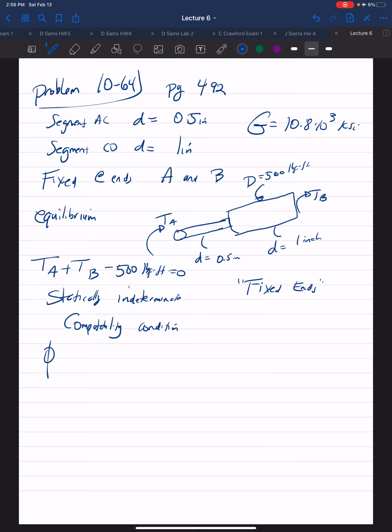The diameter is 0.5 inches in this section, so the radius is 0.25 inches.